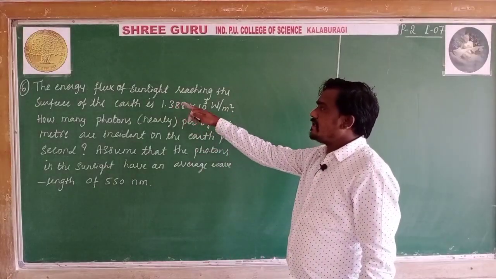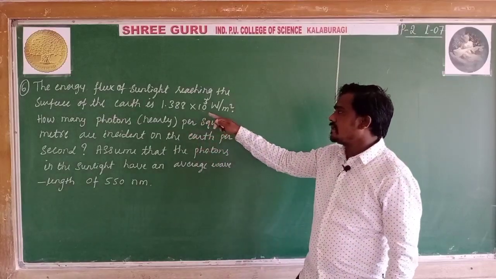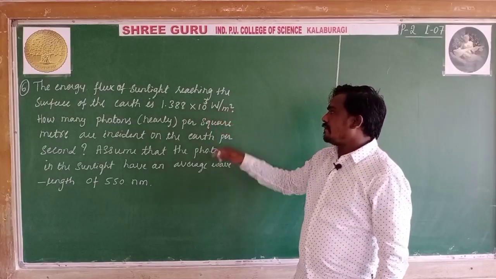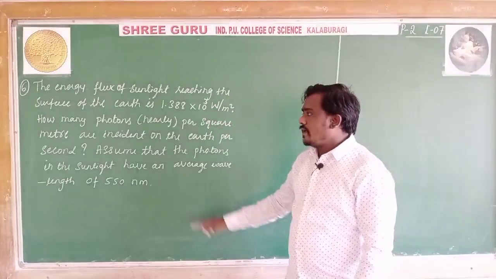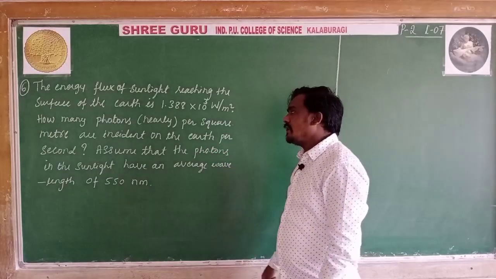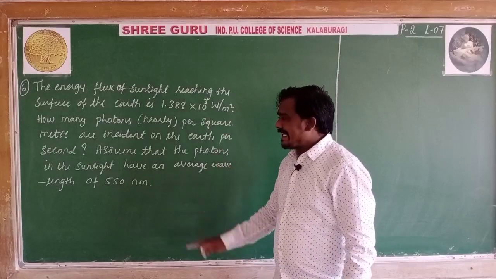the energy flux of sunlight reaching the surface of earth is 1.388 into 10 to the power of 3 watt per meter square. How many photons nearly per square meter are incident on the earth per second?